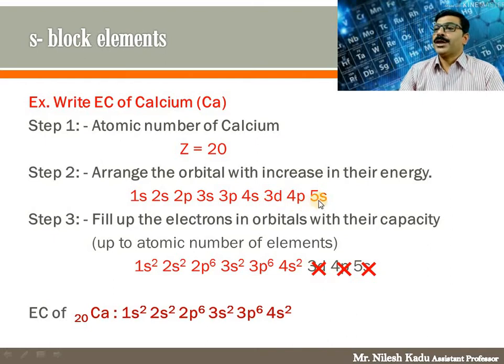In this way, you can arrange the orbitals in increasing order of energy, and this is the second step. Now in the third step, you have to fill up the electrons on the basis of capacity of orbital, and fill up the electrons up to the atomic number of the element. Let us see here. 1s.